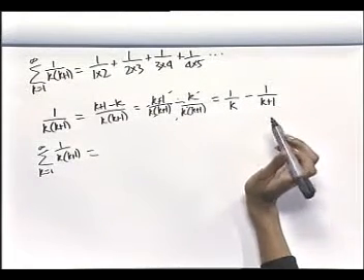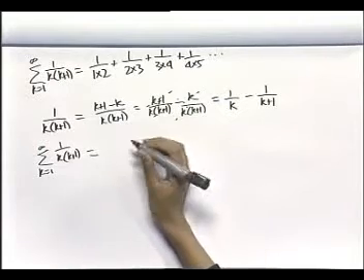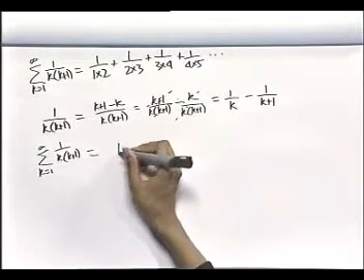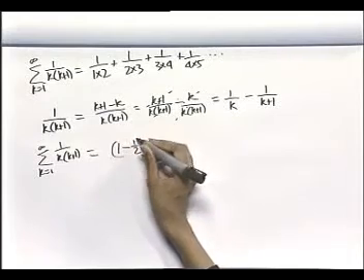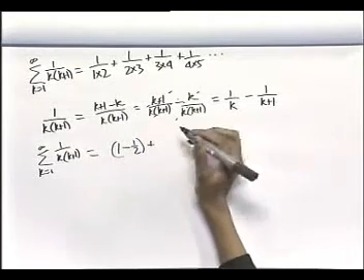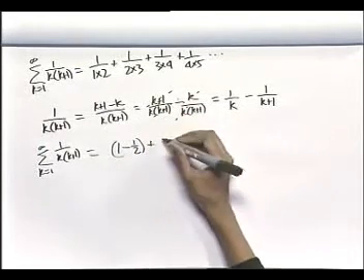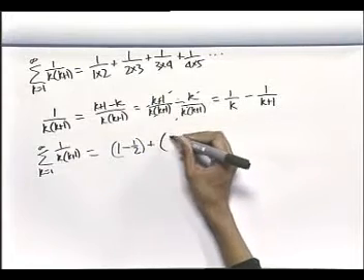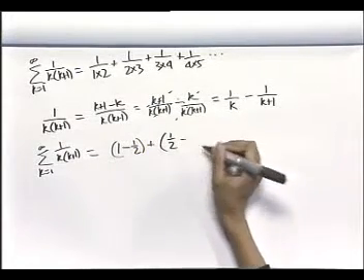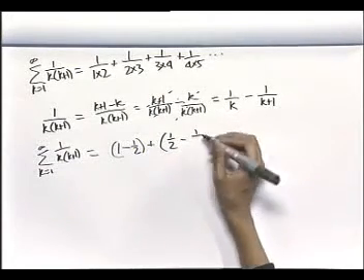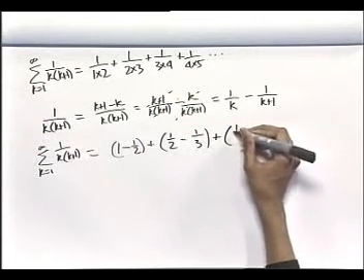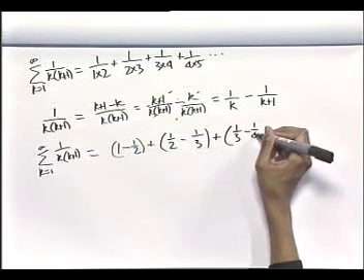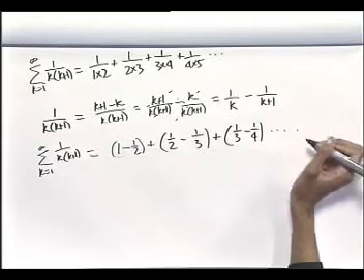So since k is 1, for the first term we get 1 over 1, which is 1, minus 1 over 2. So that's the first term. We do the same for the second term. This time k is 2. So we get 1 over 2 minus 1 over 2 plus 1, which is 3. We carry on doing this, so the next one is a third minus a quarter, and so on.